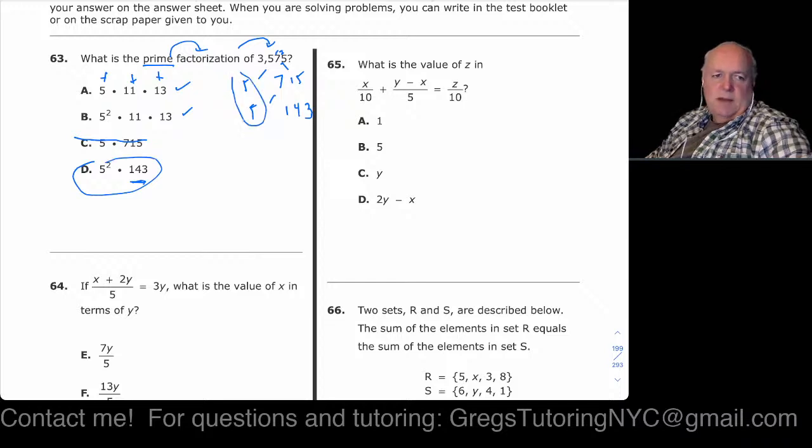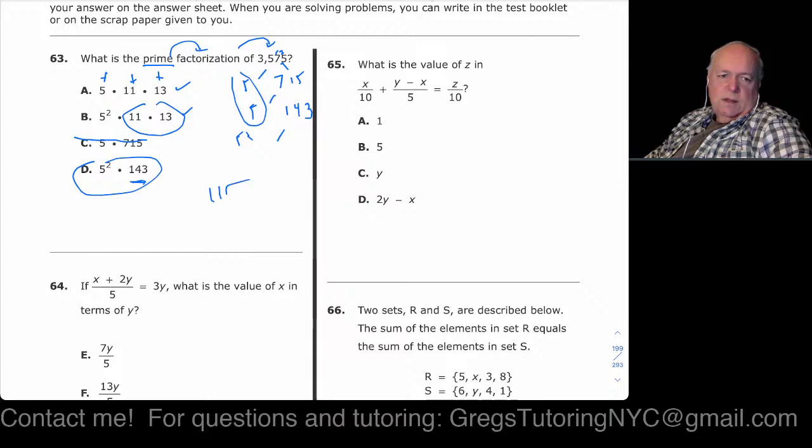times that. Now the question is, for this one here, are 11 and 13 actually factors? Let's see if we can put 11 into here. 11 goes into 143 one time with 3 left over. Oh, look at that, we get 11 and 13 out of it.